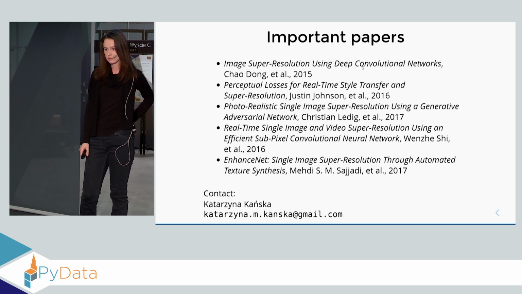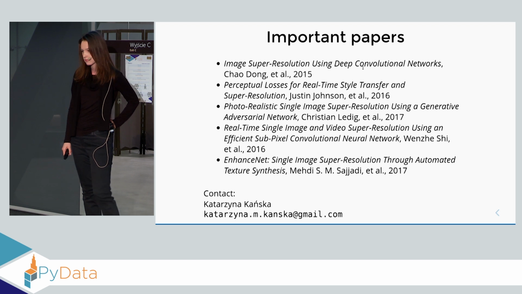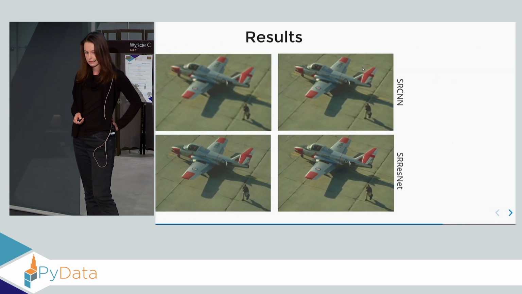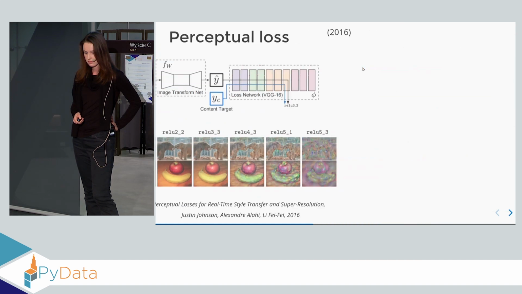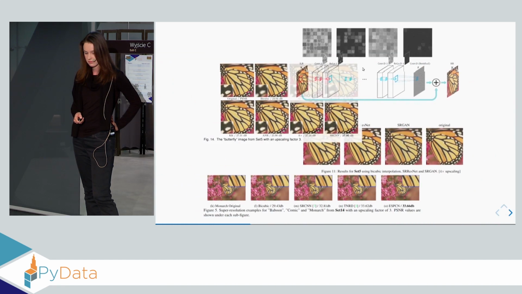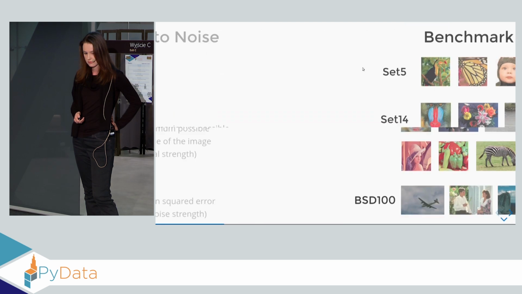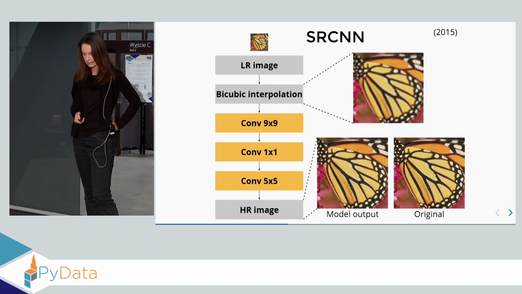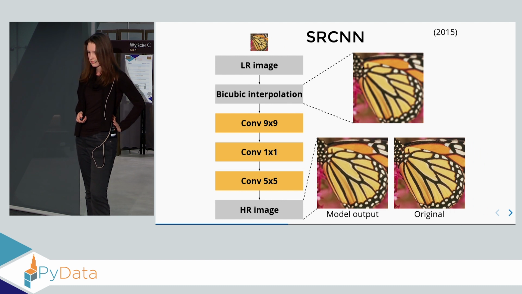Any other questions? I have a question regarding the first neural network that you showed us. I know that it does not contain the transposed convolutional layer at the end of the architecture, right? So I assume you need to upscale the image yourself using interpolation, right? Yeah.